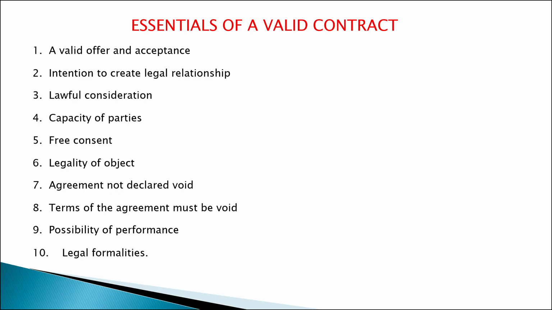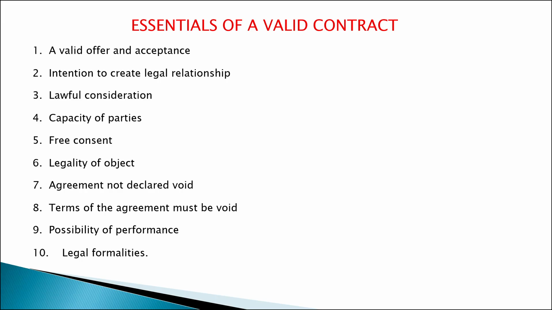Next one is lawful consideration. For a contract to be valid, the agreement between the parties must be backed by consideration. So what is consideration? It is something in return. Both the parties to the agreement must give and get something in return. That is consideration.